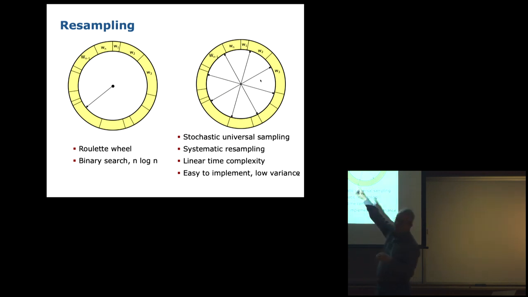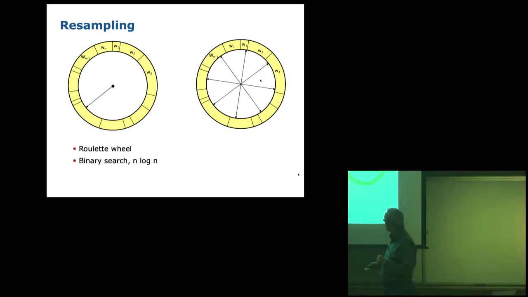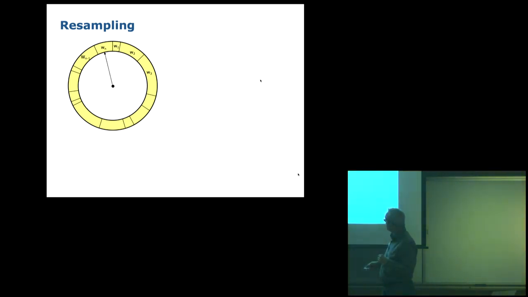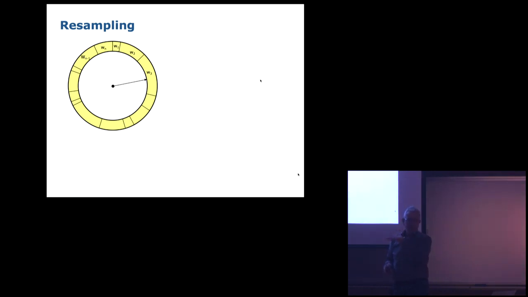That would just mean that these bins all have the very same size. And now let's assume we go back to that roulette wheel. What we are doing there is drawing angles and checking in which bin that falls and keeping that particle. And we are withdrawing all particles that don't get selected by this arc or this angle, by this arrow.